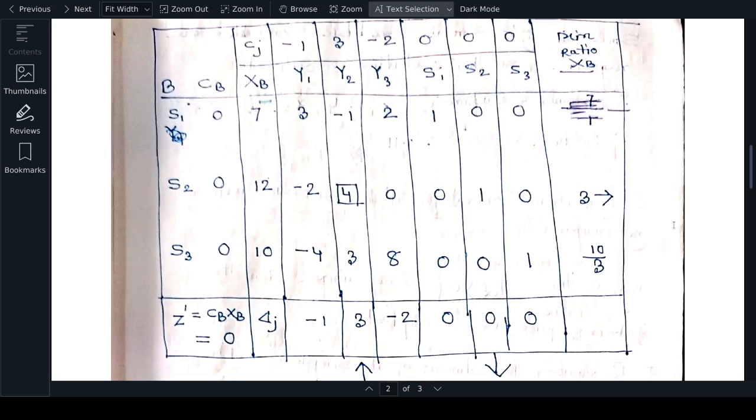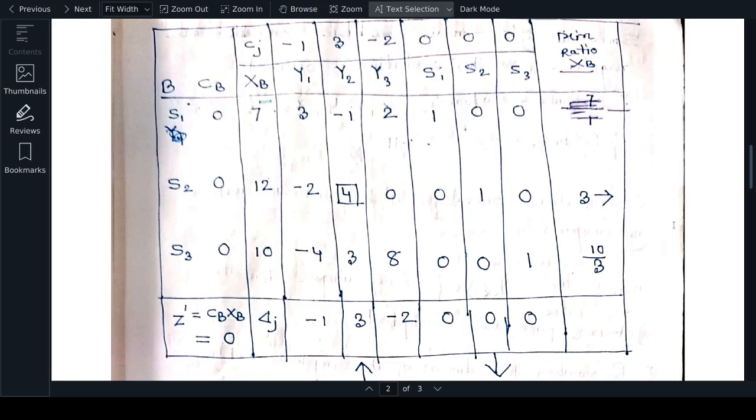Then we get S1 value is 7, S2 value is 12 and S3 value is 10. In the first page I have written most probably 2, so you make it 10. S3 equals 10.